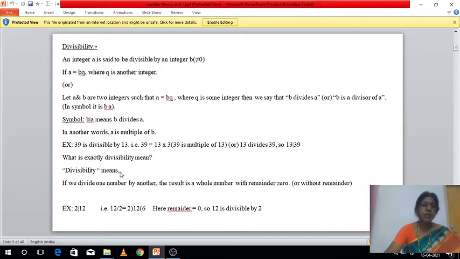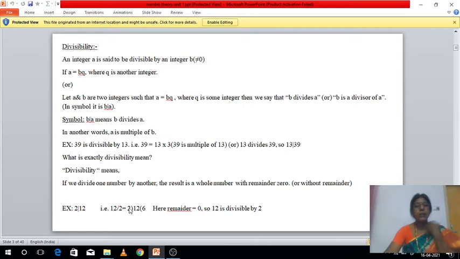Now you observe what exactly divisibility means. Divisibility means if we divide one number by another, the result is a whole number with remainder 0. You observe 2 divides 12: you get 6, and the remainder is 0.